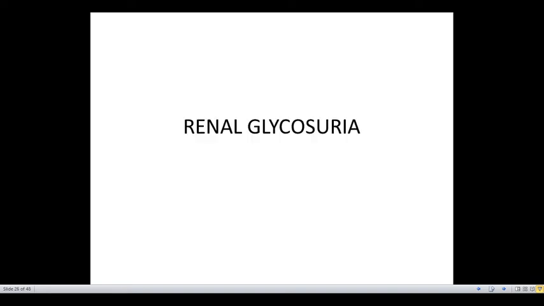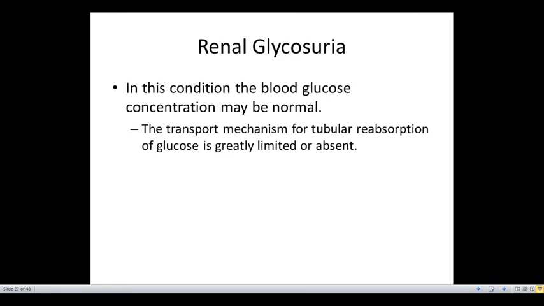Let's first study renal glycosuria. In this condition, the blood glucose concentration may be normal. However, the renal transport mechanism for tubular reabsorption of glucose is greatly limited or may be absent.